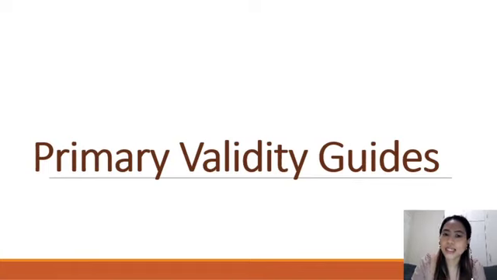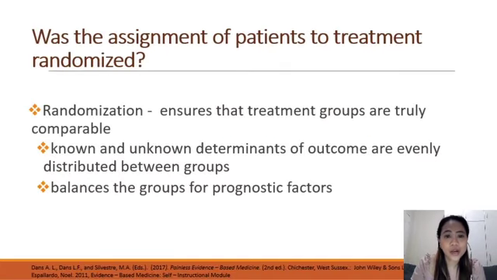Let us now discuss how to answer the primary validity guide questions. First, we must determine the presence or absence of randomization. Randomization is important in questions on therapy since this process ensures that the groups are truly comparable by distributing prognostic factors equally between groups.